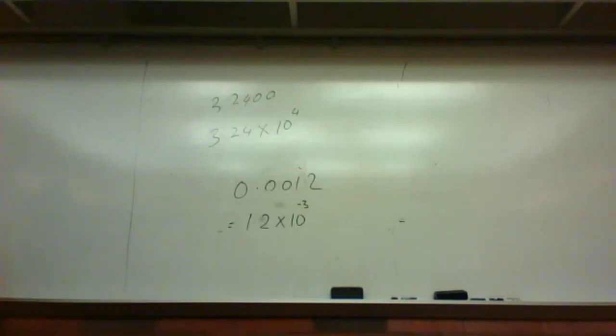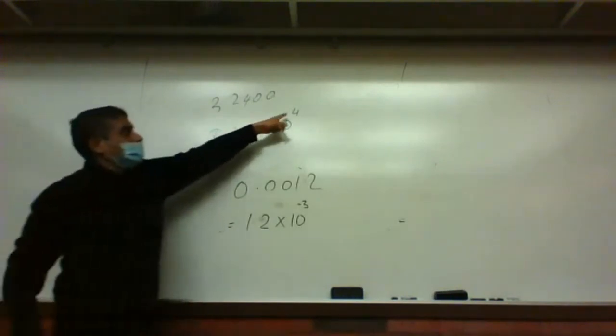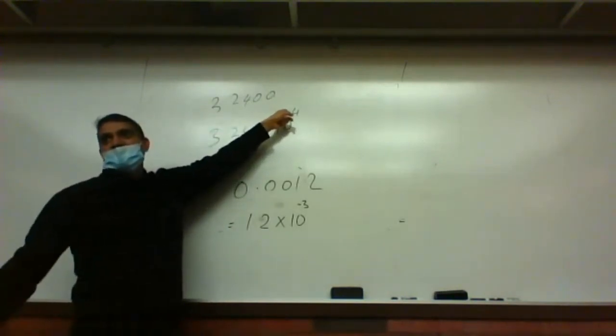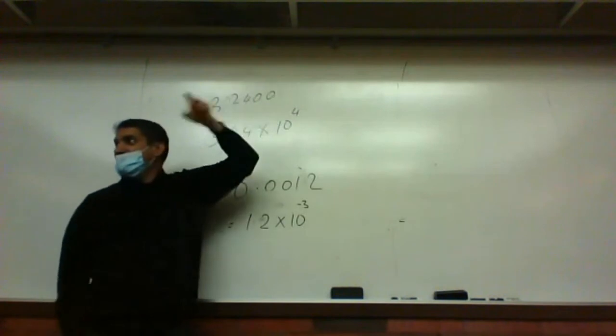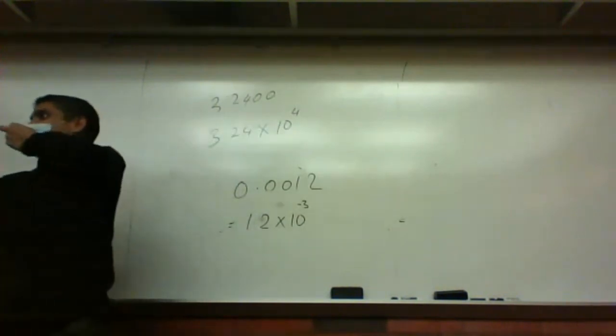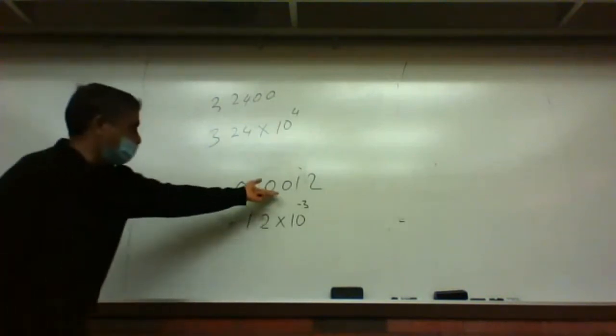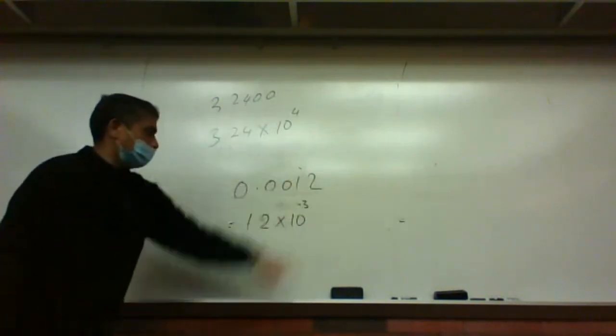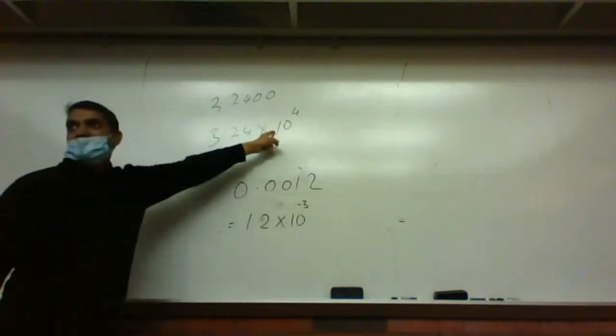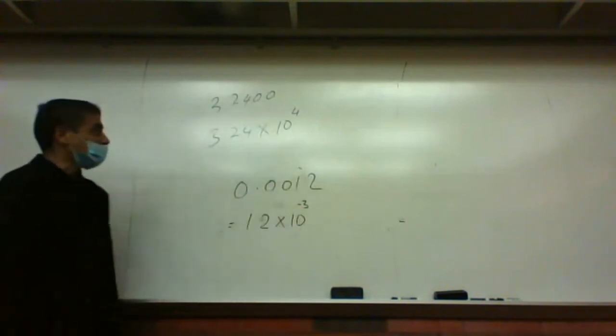But if you push the decimal forward, you put the plus. You don't really have to write the plus. If there is nothing, that's plus. So that's how we convert a decimal number to a scientific notation number. So this is scientific notation, this is scientific notation.